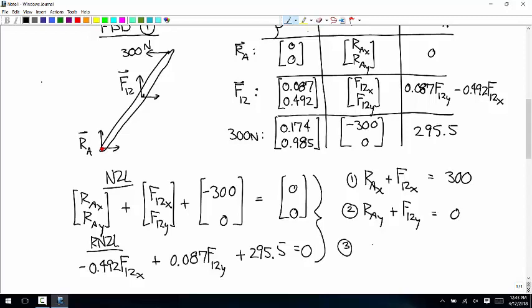And the third one says negative 0.492 F12X plus 0.087 F12Y is equal to negative 295.5.